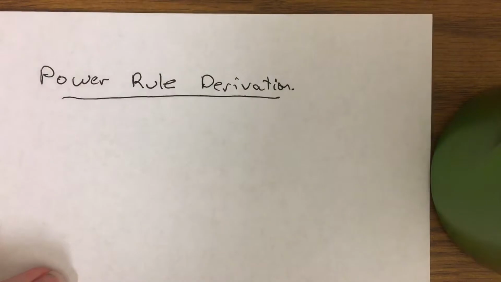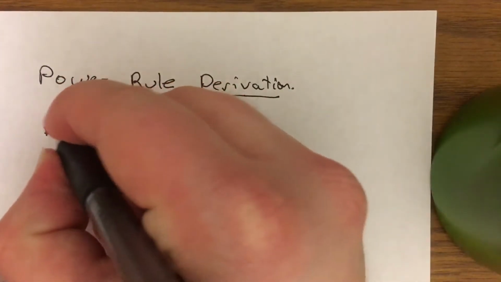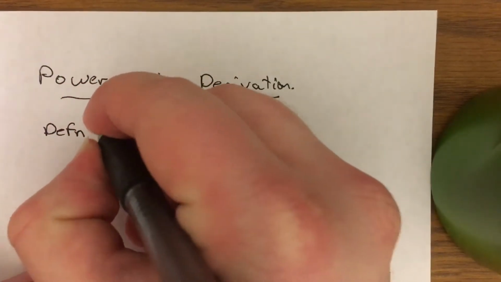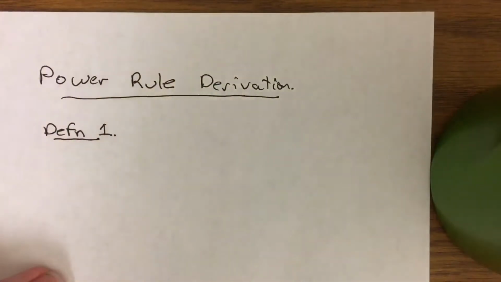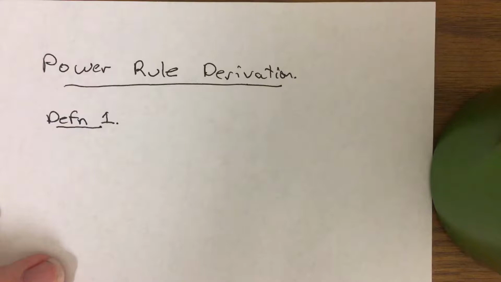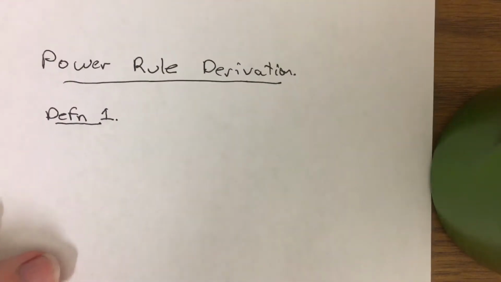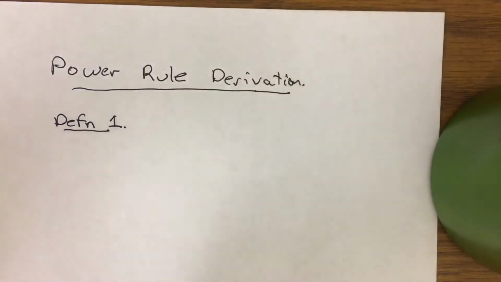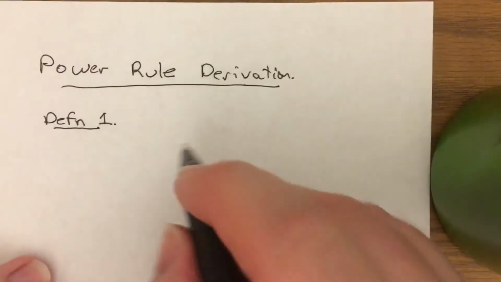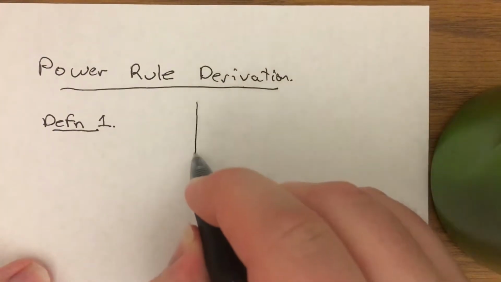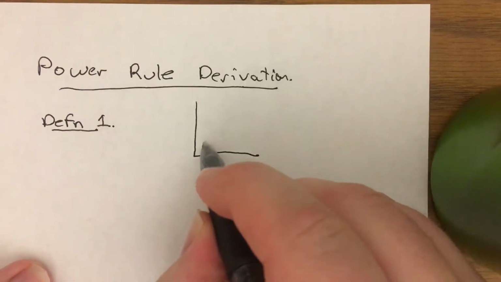So very important stuff. Let's start off with the definition. Basically your definition of a derivative. If you have a graph, let's draw the graph right here.